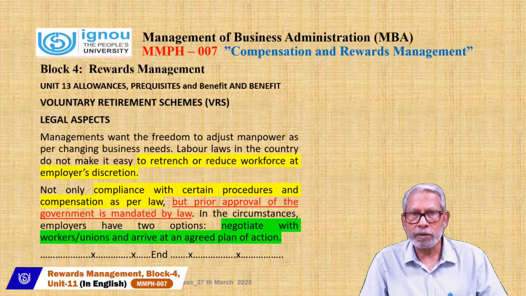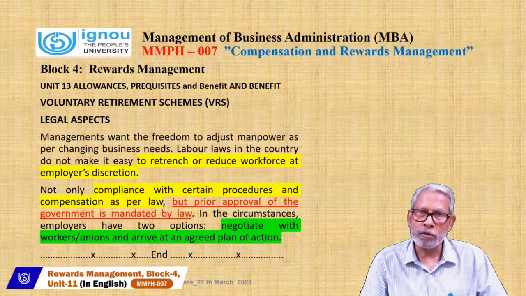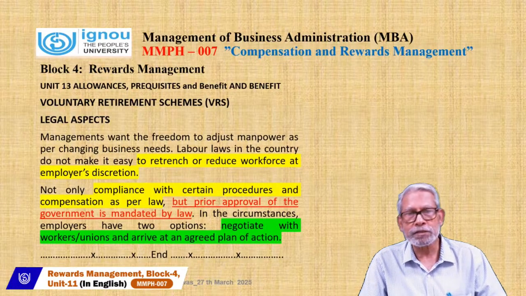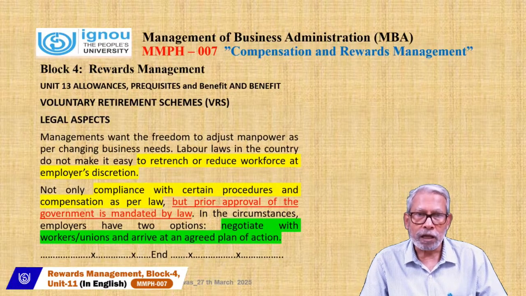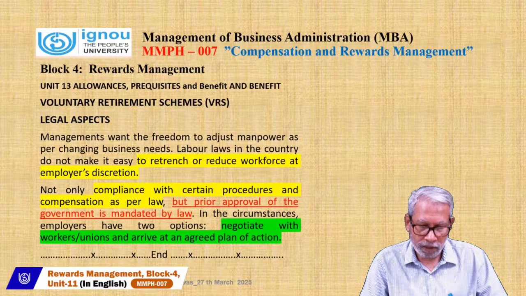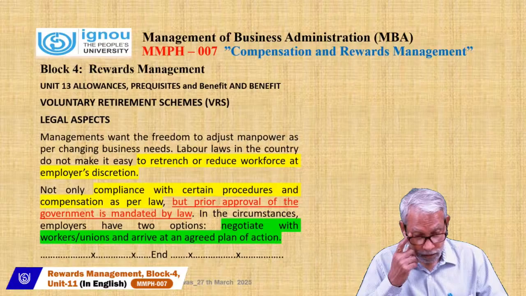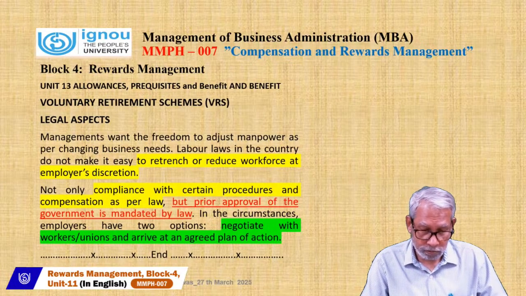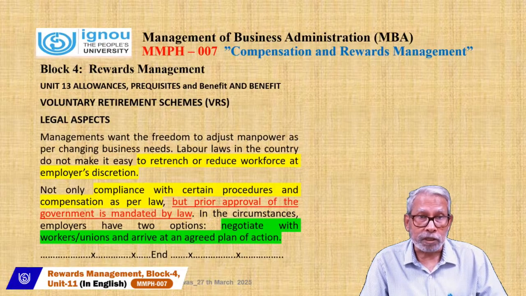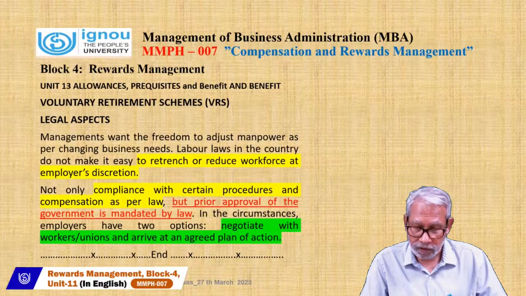Questions may come from the bonus act also, and at that time you have to state some history also, when it started and what the present day is. What are the minimum percentages, that you have to explain. Then regarding stock options, why are they becoming popular? A question may come: why are stock options popular?